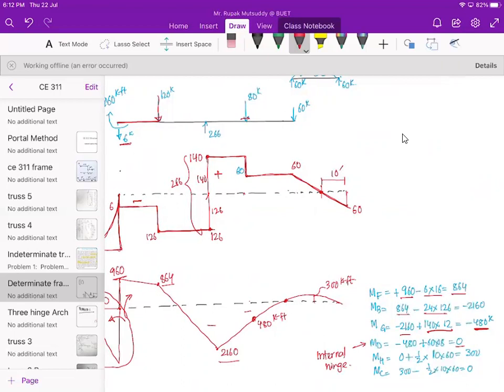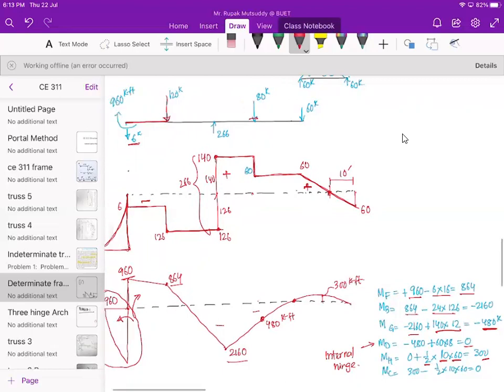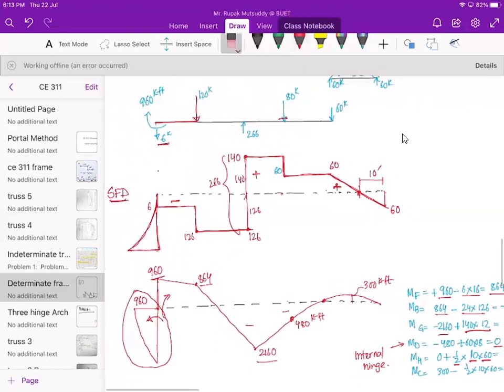At this very location, the moment is 0 plus half into 10 into 16, so 300, and at C it will be 0 again. So that's how this is the bending moment diagram of the frame structure.